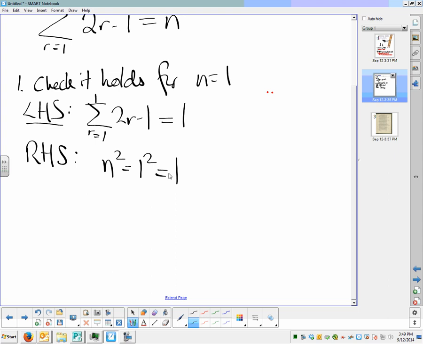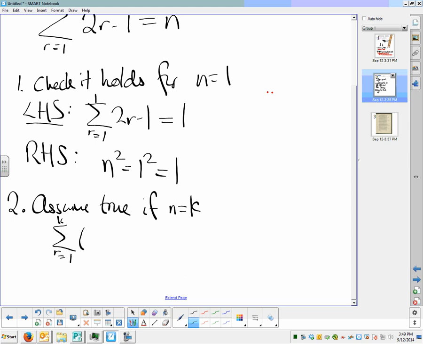The next part is saying, well, let's assume that I'm somewhere on my ladder. So assuming it's true for n equals k. So k is some point on my ladder, and I need to be able to get to the next rung. So if it's true for n equals k, the sum from r equals 1 to k of 2r minus 1 is equal to k squared.